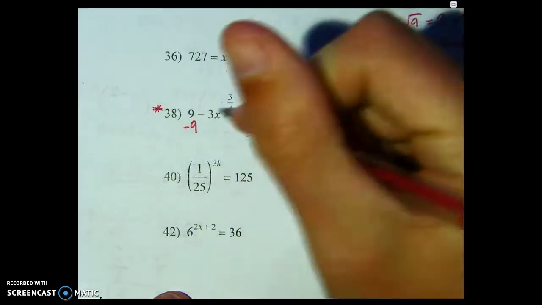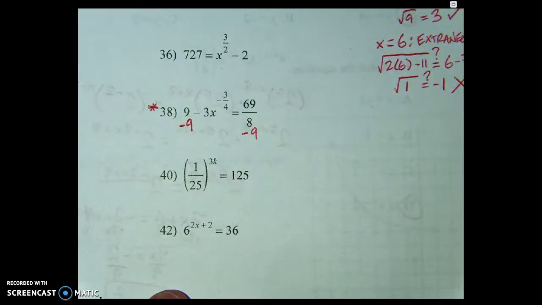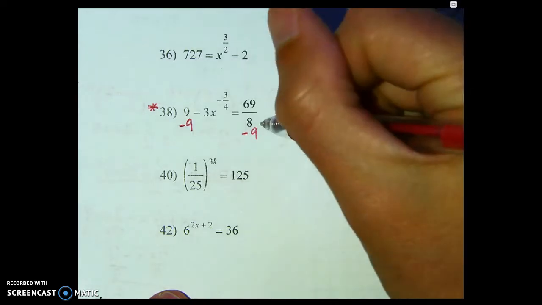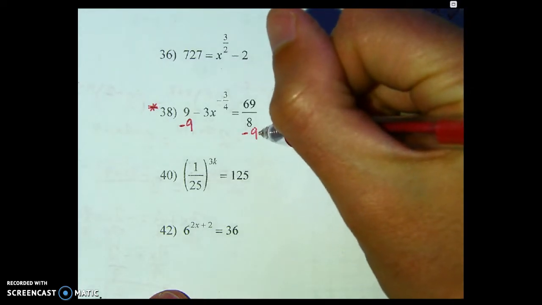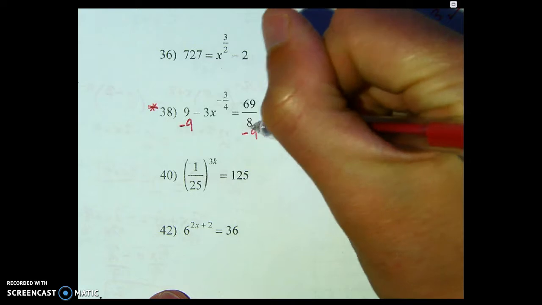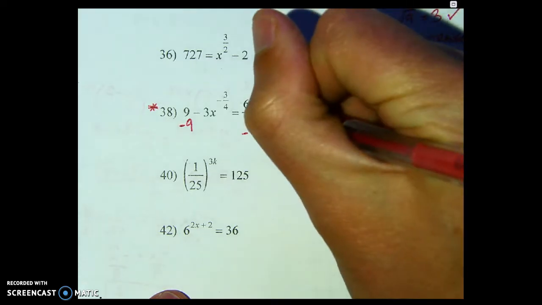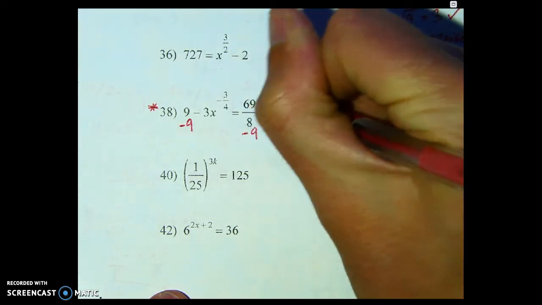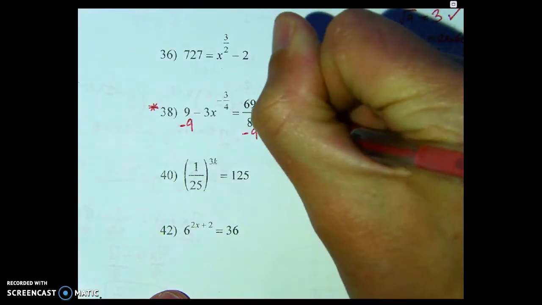But how do we subtract 9 from 69 over 8? Well, 9 is actually 72/8, isn't it? If we were to try and turn 9 from a whole number into a fraction with a denominator of 8, really it would turn into 72 over 8, right?